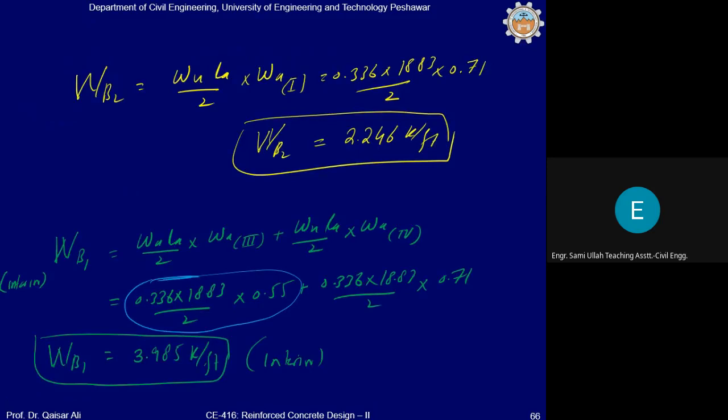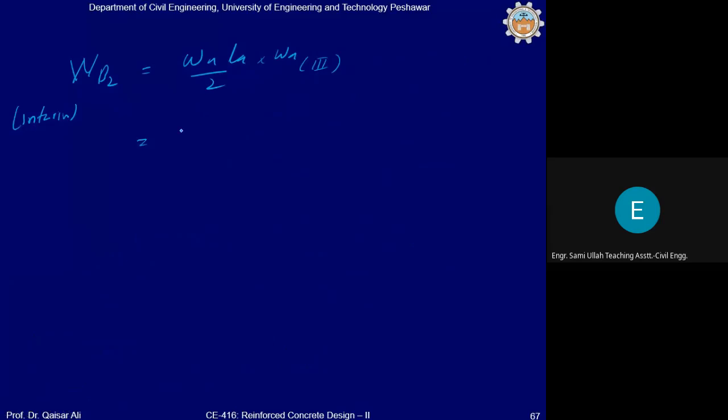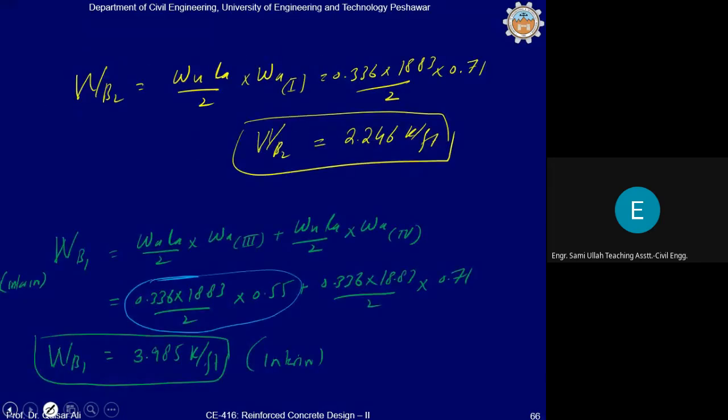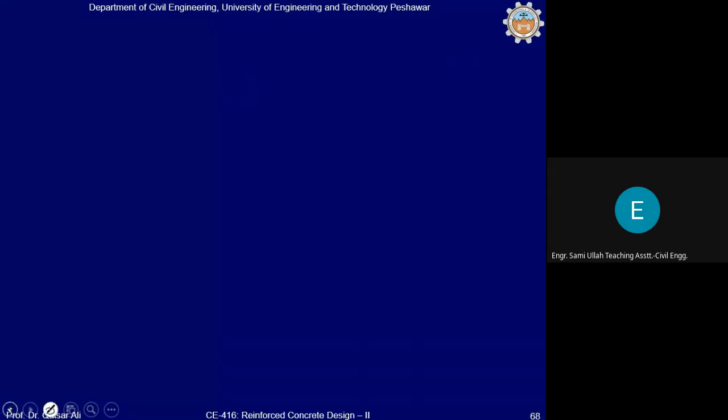Right, calculate this: 0.336 multiplied by 18.83 divided by 2 multiplied by WA, which is 0.55.